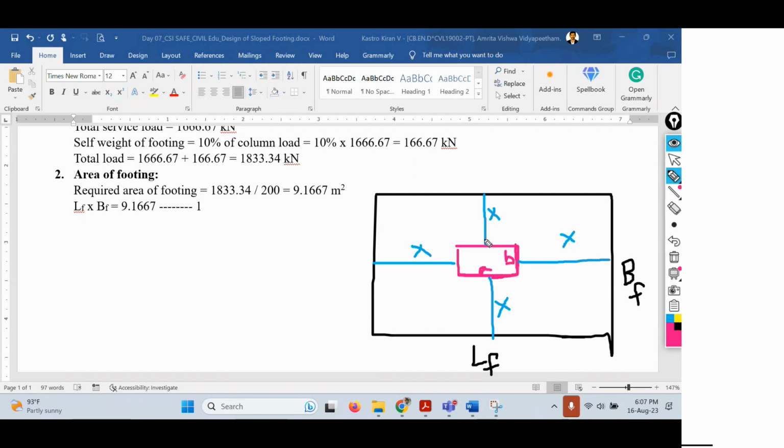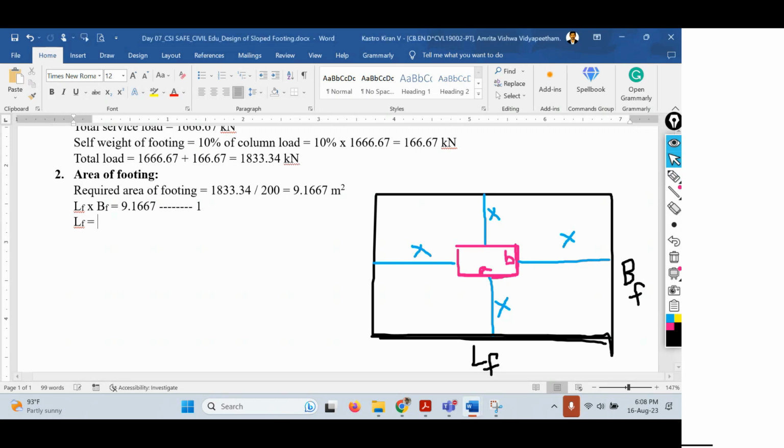From this, we can get the values of LF and BF. How to get the value of LF, the total length of the footing? It is x plus a plus x, that is a plus 2x.